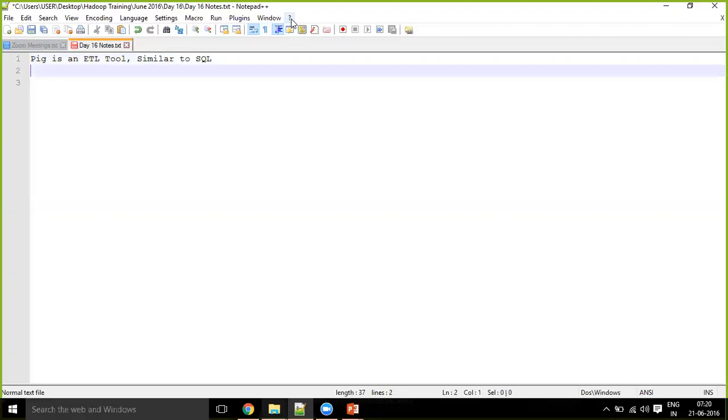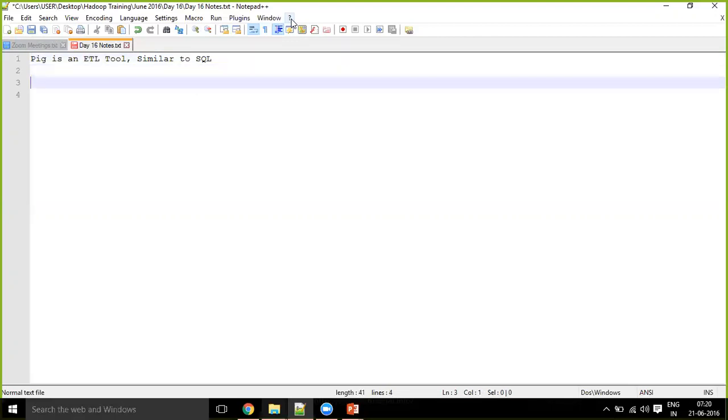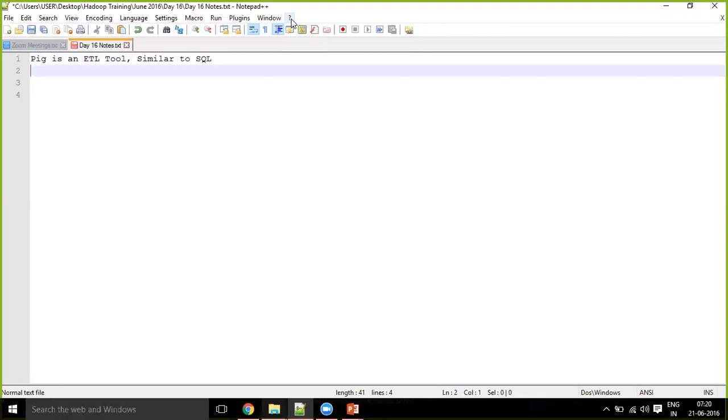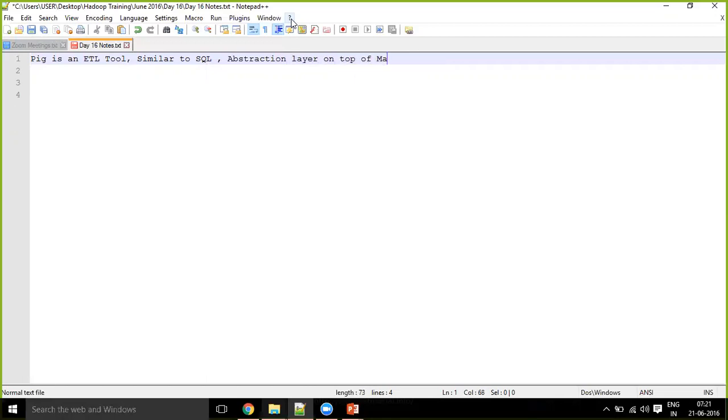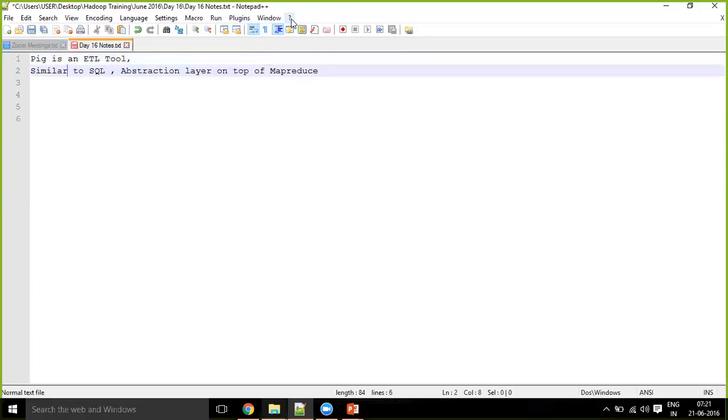Similar to SQL, but the syntax is not similar. And it's an abstraction layer on top of MapReduce. Okay. So these are the 3 points about Pig if I need to tell.